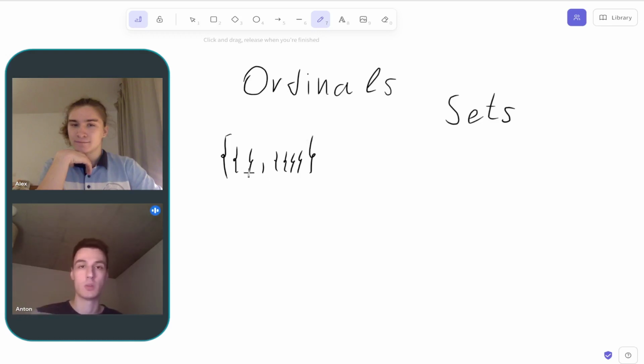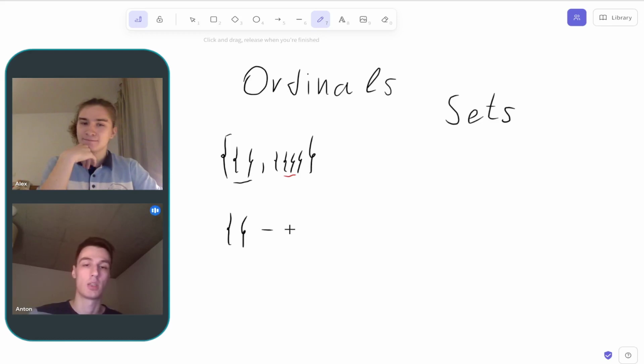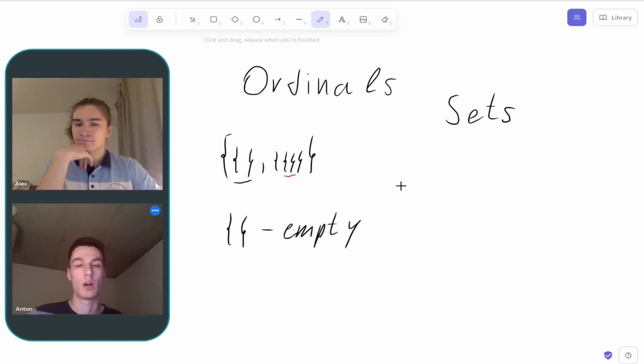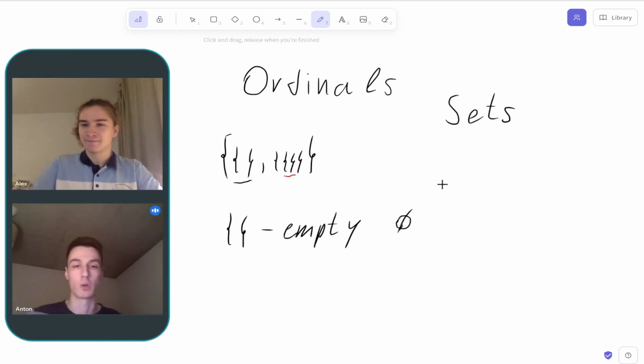And what I want to insist on is this one here, and also, let me switch color, this one deep there. Those are empty sets with no elements in them. This one is usually denoted with this symbol, crossed O, or whatever you want to call it. So what is an empty set? It is just a set containing no elements.